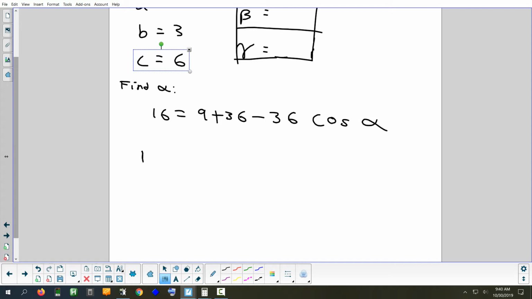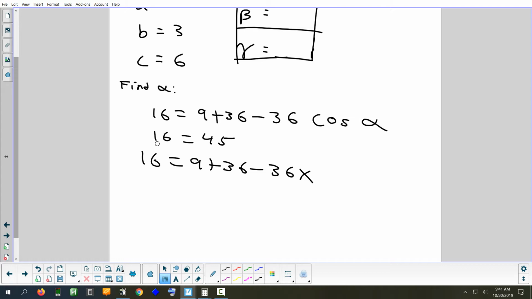Well, no, because one of them has an X and one of them doesn't. So they're not like terms. But do you see anything else you could do? Add the 9 and 36. Yeah, add the 9 and the 36. So we can take care of that. So that's going to give me 45.